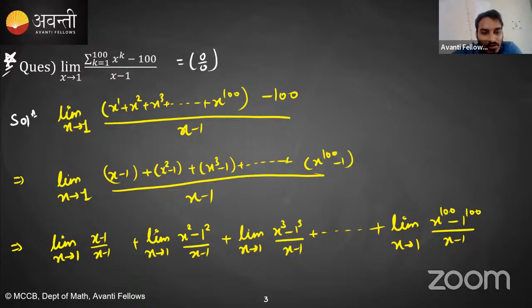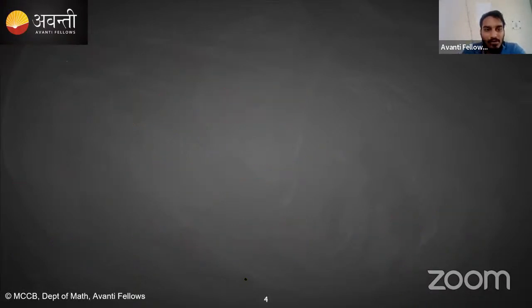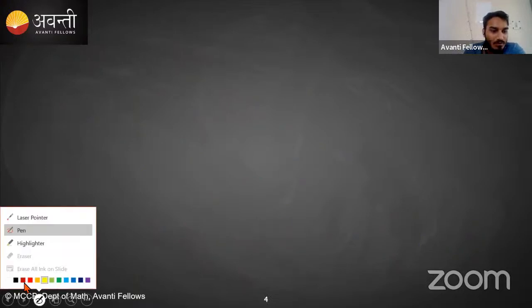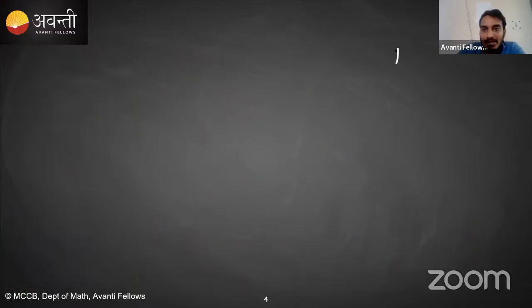Now students, as you can see, each of these limits is in the 0 by 0 form, right? Yes or no? Tell me. If you remember from the last class, I told you one formula: limit x tending to a of x raised to the power n minus a raised to the power n upon x minus a is nothing but n times a raised to the power n minus 1.